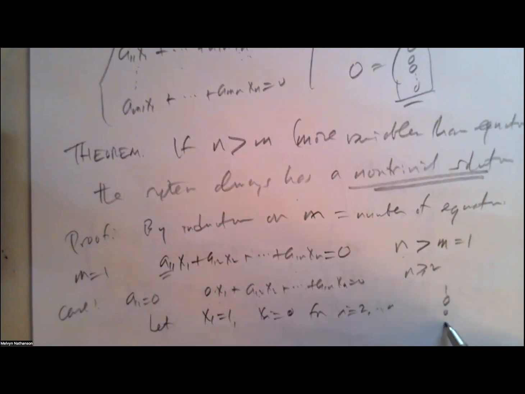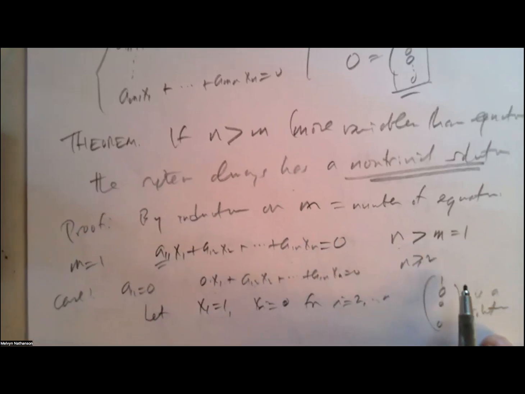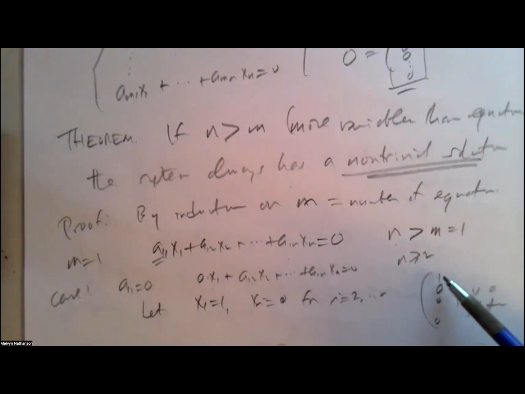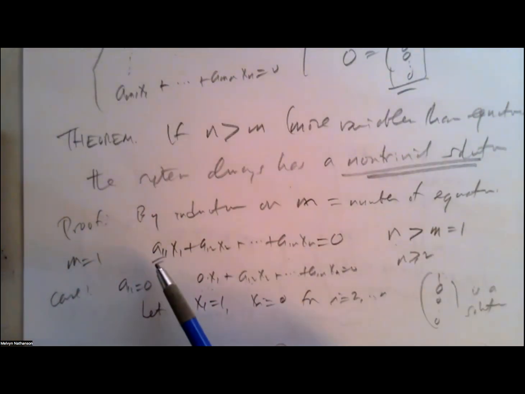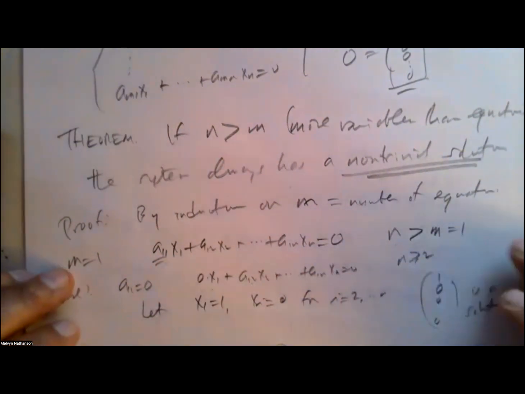So the vector (1, 0, ..., 0) is a solution. And it's not the 0 solution because the first coordinate is different from 0. So that's the case when A11 is equal to 0. That's kind of simple.